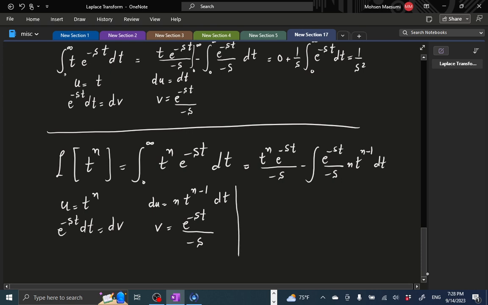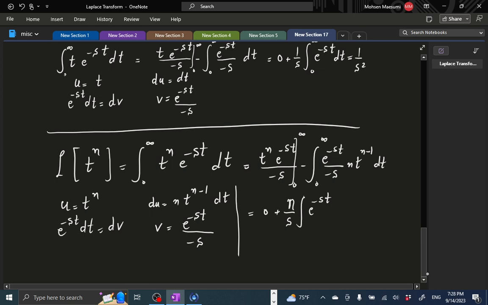Okay, we need this thing between 0 and infinity, and so is this one. With the same argument as before, at infinity, this loses the battle against the exponential, and the net value becomes 0. And at 0, well, it is just 0. So it becomes 0, and then I pull the s outside, exponential of minus st, and I have a factor of n as well.